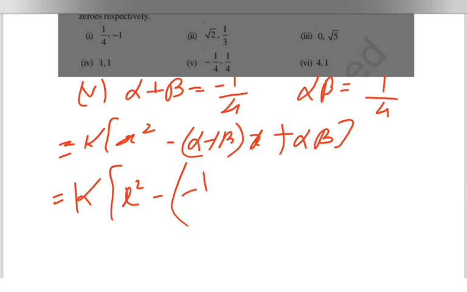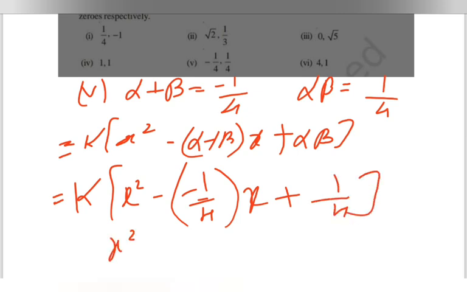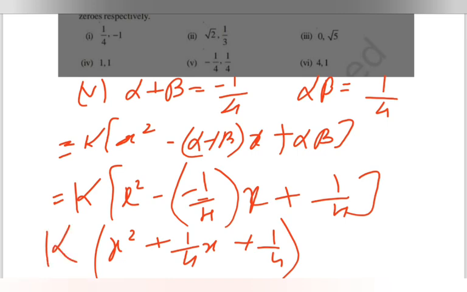Alpha plus beta is minus 1 by 4, x plus alpha beta is 1 by 4. So x square minus into minus plus 1 by 4 x plus 1 by 4. If we take LCM, after taking LCM, the required polynomial will be 4x square plus x plus 1. This is the required polynomial.